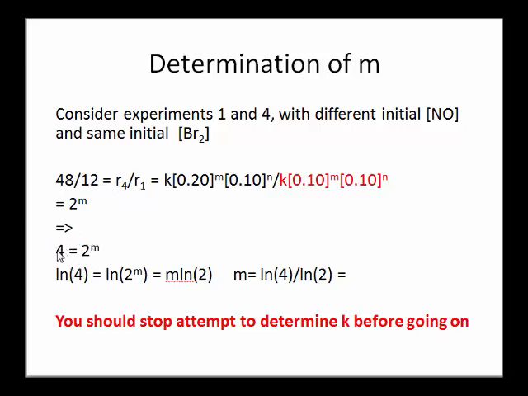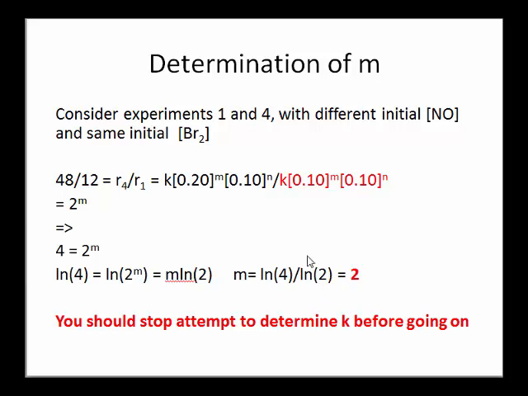Alright, you may have seen at this point, or inferred, that m is 2. Formally, however, you can proceed by taking the natural log of both sides. The natural log of 4 is the natural log of 2 to the m, which is m times the natural log of 2. And m is the ratio of the natural logs.